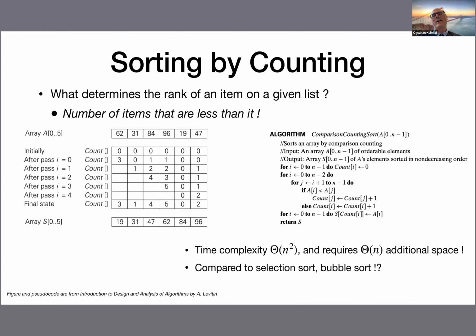So maybe using a sorting by counting will make this job more appropriate because you will have only one movement, okay? So some sort of analogy, I don't know, okay? So the only advantage of this algorithm when compared to selection sort and bubble sort is that it doesn't swap the elements more than once. But with the selection sort and bubble sort, we have this swapping movement very frequent.